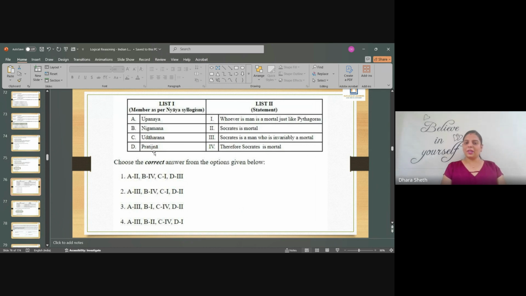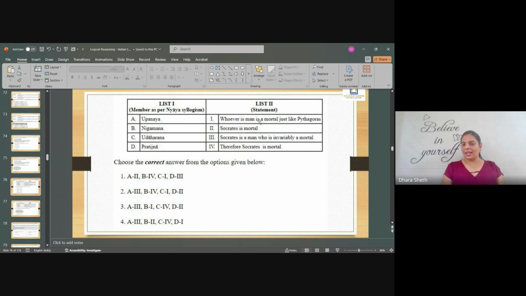The first step is Pratijna or proposition. Next, after Pratijna, you have Hetu, but Hetu is not given here. Then there is example or Udaharan. After that, you have application or Upanay, and the last step is Nigaman. So here, what would be the sequence?